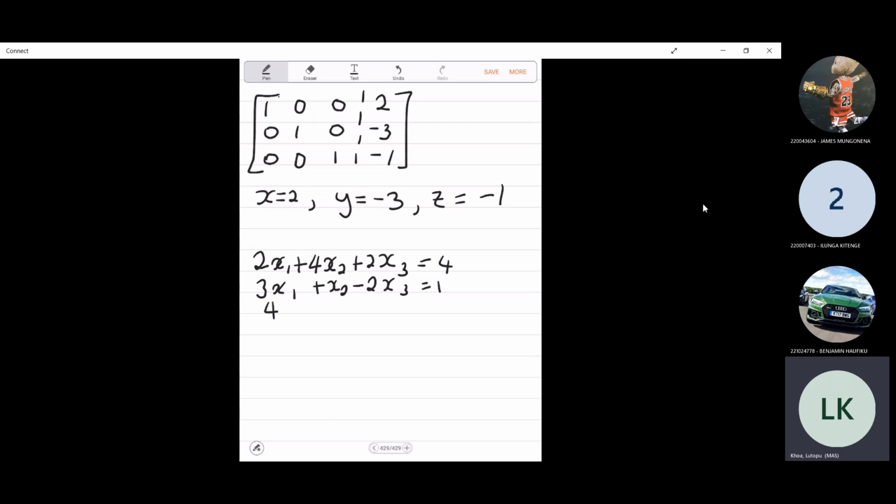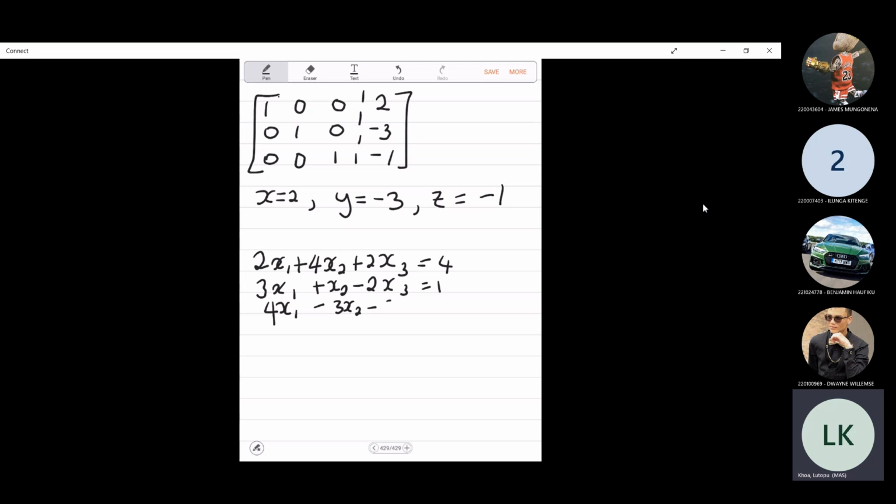We have 4x1 minus 3x2 minus x3 is equal to 3. 4x1 plus 8x2 plus 4x3 is equal to 8. So this is our system of linear equations that we want to solve using Gauss elimination.